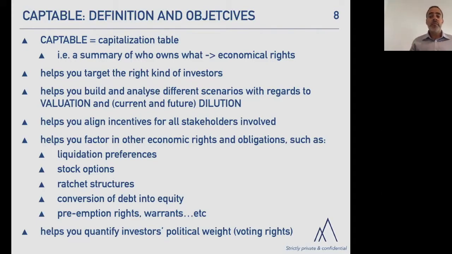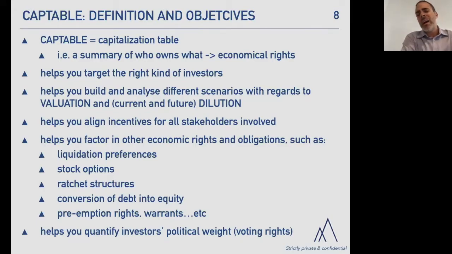You can factor in special items in the term sheet, or in the articles of association or the shareholders agreement of the company regarding liquidation preference, ratchet structures if you have one, etc. So you can embed all those into the cap table, and see what that really means in terms of what happens if you sell the company for 100 million, who gets what?